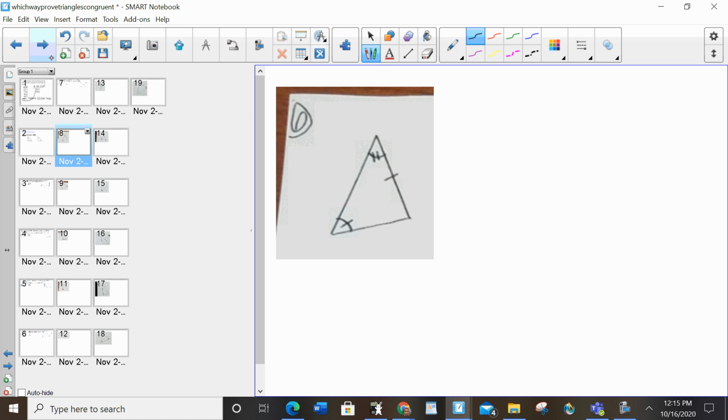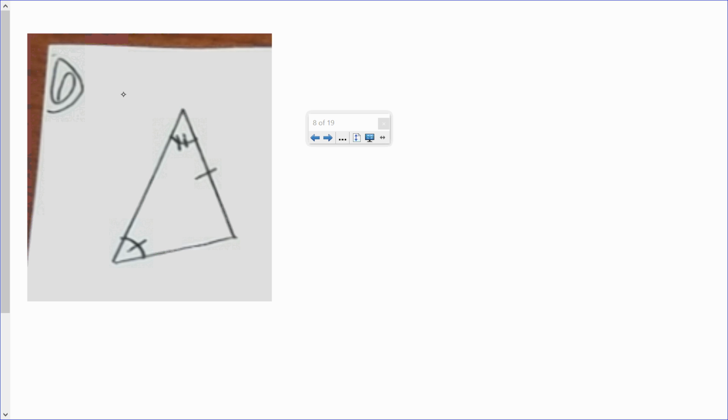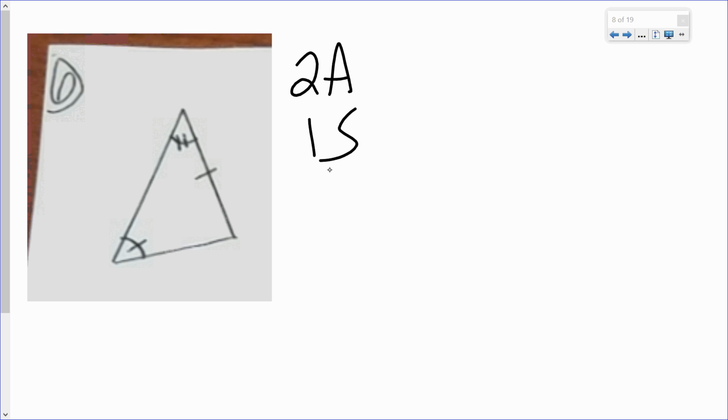So the first question you have to ask yourself is how many angles are involved, how many sides are involved. I have 2 angles marked and 1 side. Now here's the big question. Is the side that's marked the side that's between the 2 angles? Well, let's number my sides 1, 2, and 3.